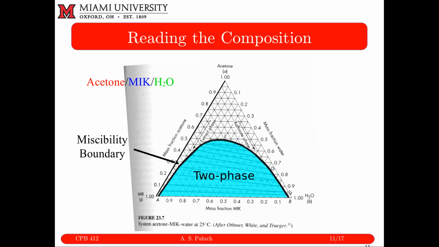Why I call it my miscibility boundary is that above my dome, I have a single phase. So this is the boundary separating single phase from 2-phase. In 2-phase, I have 2 partially miscible liquids, so I'm going to end up with 2 liquid phases. Up here, I have a single phase. So at the miscibility boundary I go from being miscible to partially miscible.